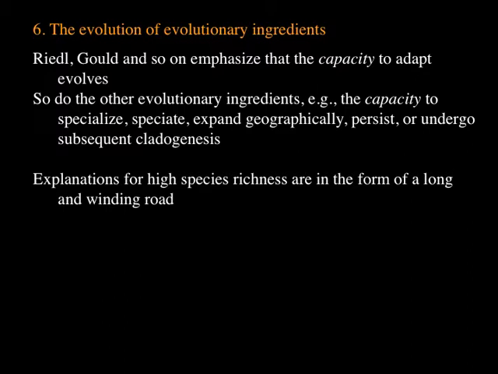And then when you climbed out on land, you got some other adaptations, and then when you became an amniote, you got some other adaptations, and when you became a placental mammal, a bunch of others. And when you became a primate, a bunch of others. There was a long and winding road that led up to all those adaptations that you have as an organism.